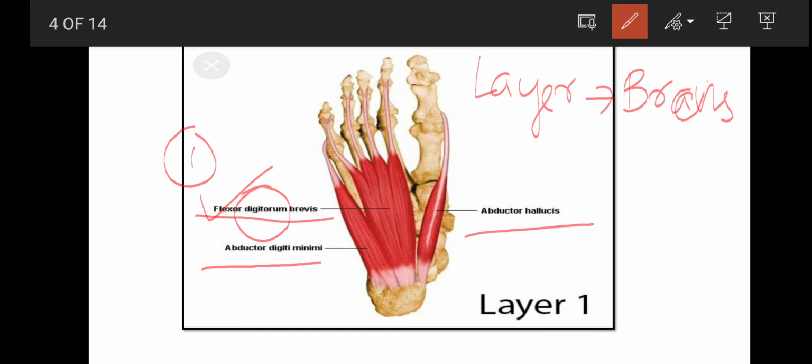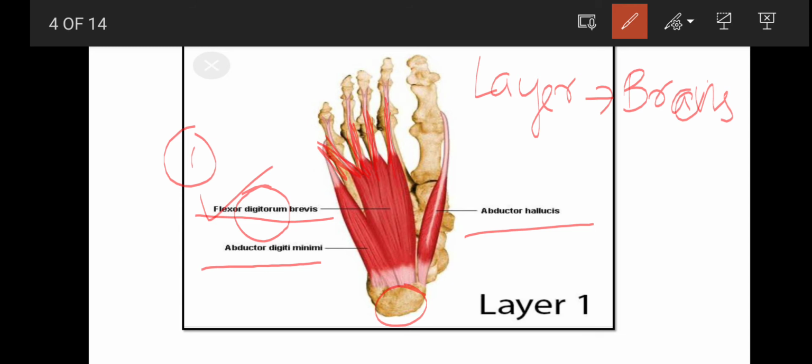Now flexor digitorum brevis takes its origin from the calcaneus bone, along with the plantar aponeurosis, and there are septa present here known as intermuscular septa. Now this muscle ends in the lateral 4 toes, 1, 2, 3 and 4, and it inserts into the base of the proximal phalanx.